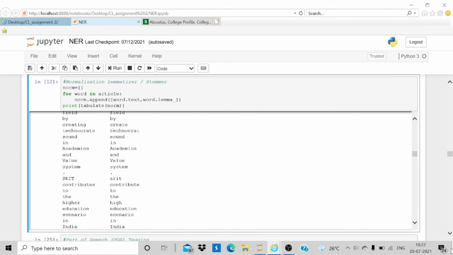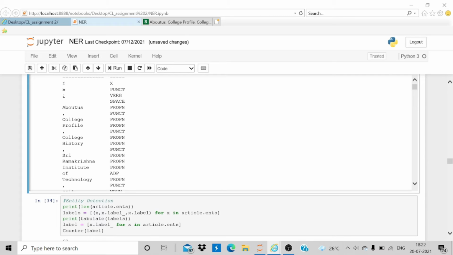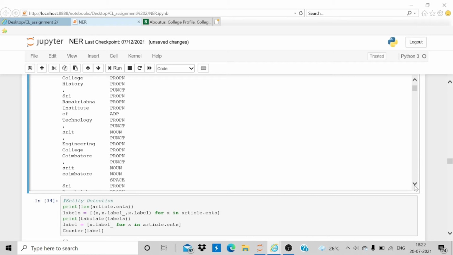Okay. So after normalization, we are moving to the tagging. So part of speech tagging identifies the part of speech of each word. Okay. So you can see here the comma is mentioned as punctuation, the college profile is a proper noun.